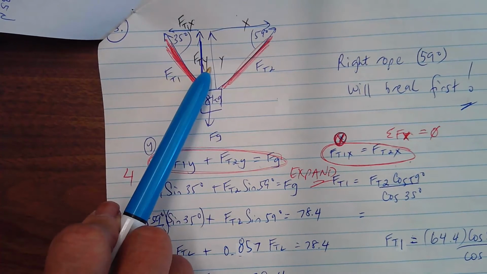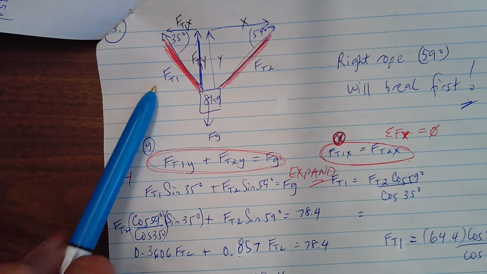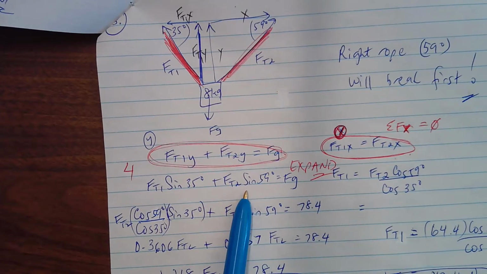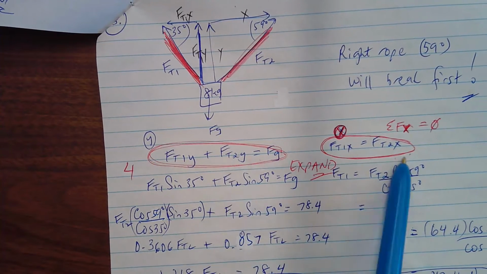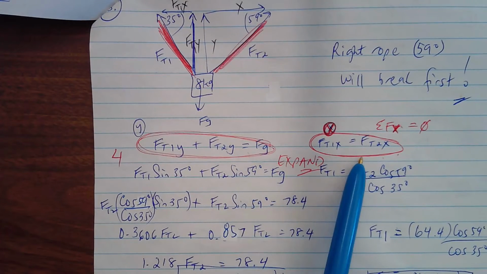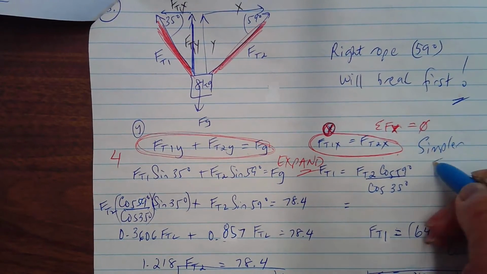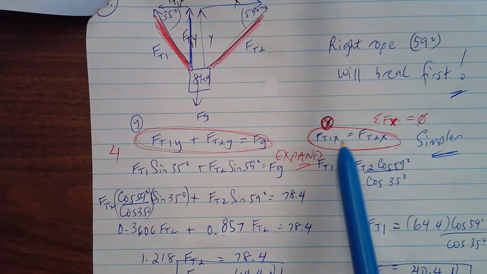So opposite over hypotenuse, that's sine. That's why I put there FT1 sine 35. And the second one is FT2 sine of 59. And that's equal to FG. So now I look at the two equations that I have, the X and the Y, and I pick the simpler one, which is the X, and I isolate one of them.